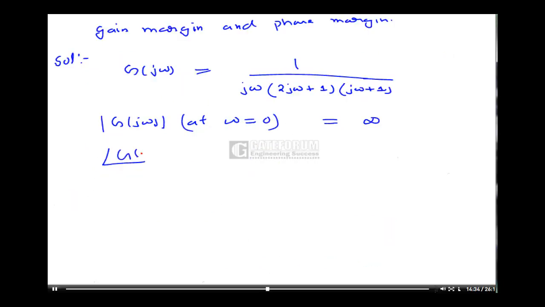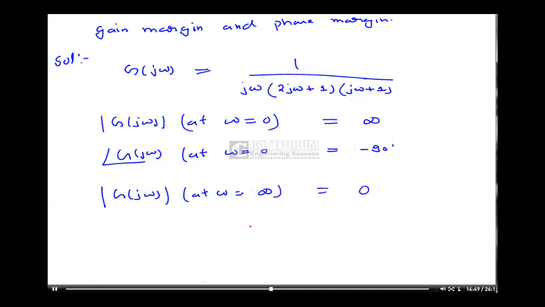Angle of G of j omega at omega equal to 0 is equal to minus 90 degree. Okay. G of j omega at omega equal to infinity equal to 0.